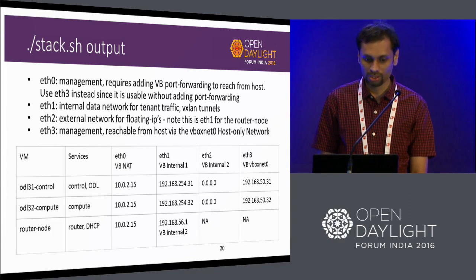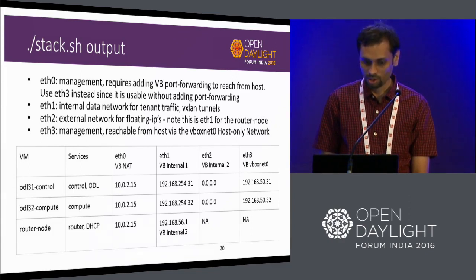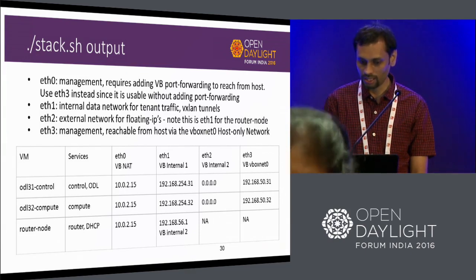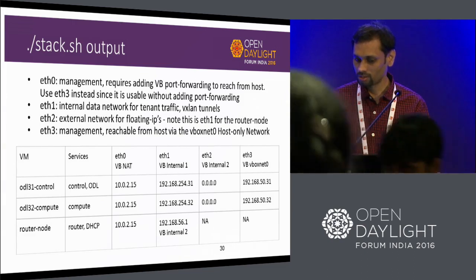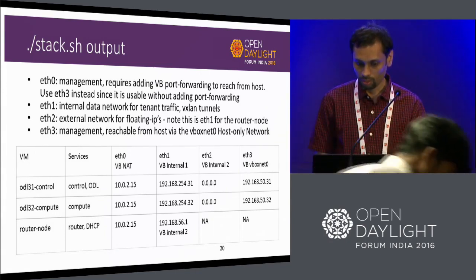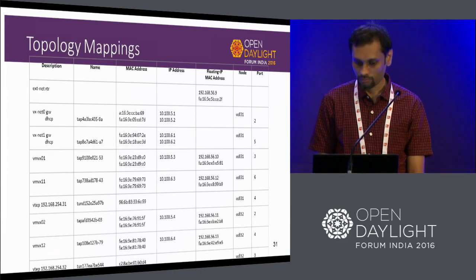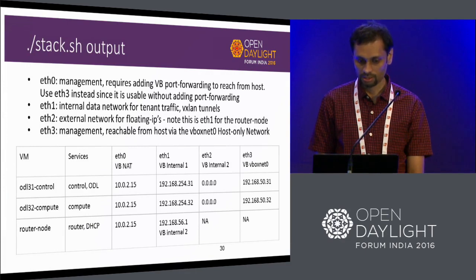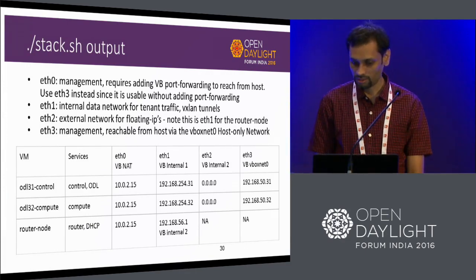Let me repeat it. Please go to settings of each of these nodes, go to Networks, then adapter 4, and select Intel instead of paravirtualized network. Say OK. Similarly, please do the same for all 3 nodes: Settings, Networks, adapter 4, Advanced. Say OK.